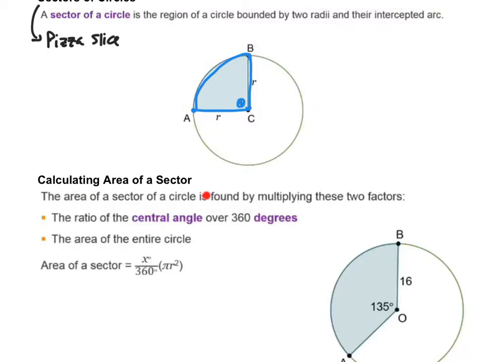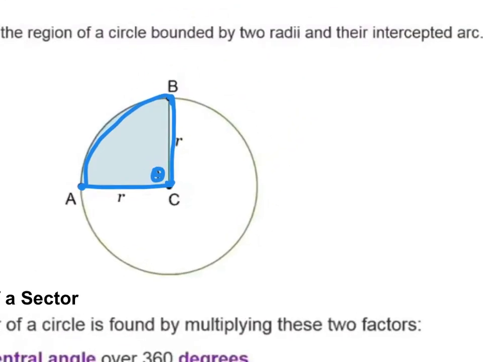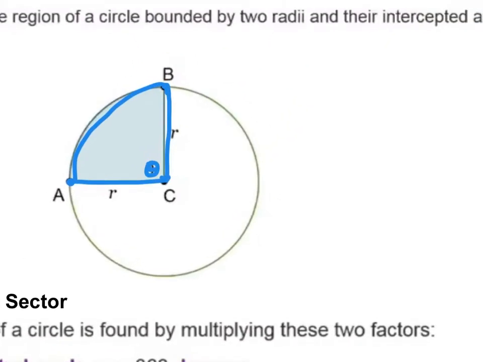The area of a sector of a circle is found by multiplying two factors: the ratio of the central angle over 360 degrees and the area of the entire circle. Let's call this angle 90 degrees, and let's call this radius 2 feet.